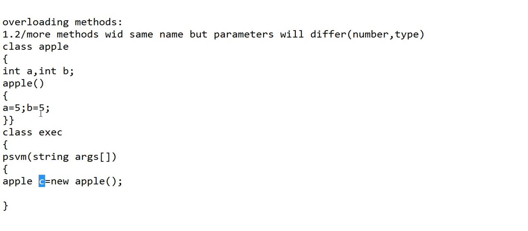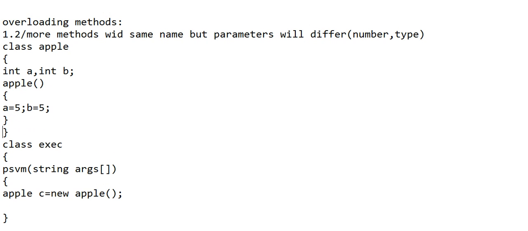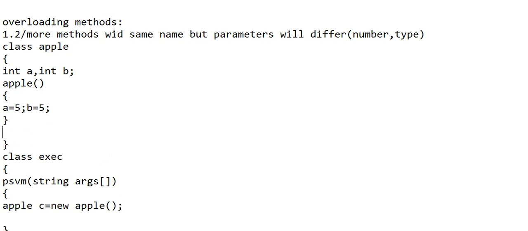Now I will declare two methods with the same name. I'll take sum itself, void sum.